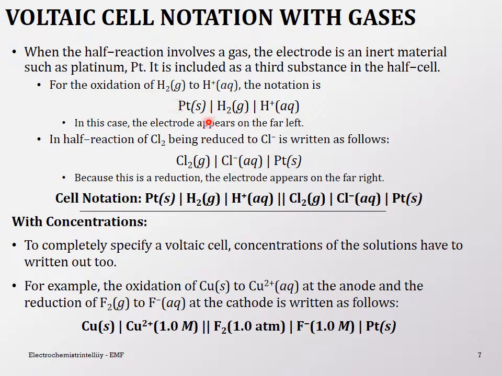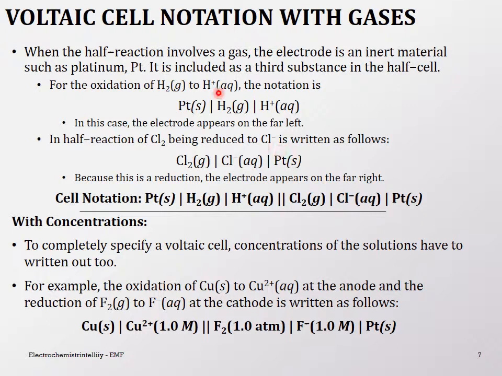So the electrode then appears completely on the left-hand side. If you were writing this for the chlorine half reaction, it would be chlorine gas giving you chloride ions, which is aqueous, and then of course the electrode is going to be your platinum, which is a solid. And here, because this is a cathode, platinum is written on the absolute right-hand side.